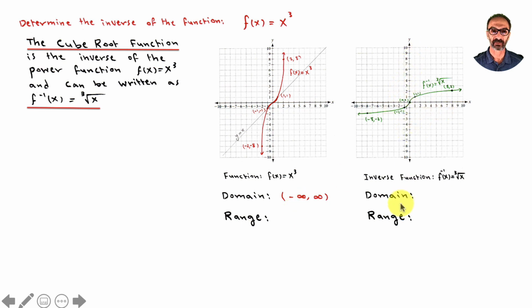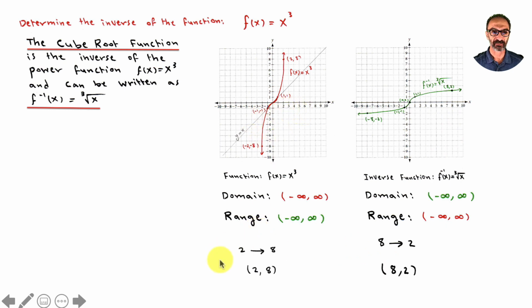Range here will be also all real numbers. Range for this function is going to be all the way up, all the way down, still all real numbers. Here, the domain will be all the way left, all the way right, all real numbers.